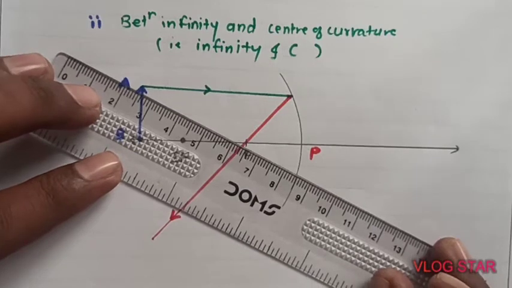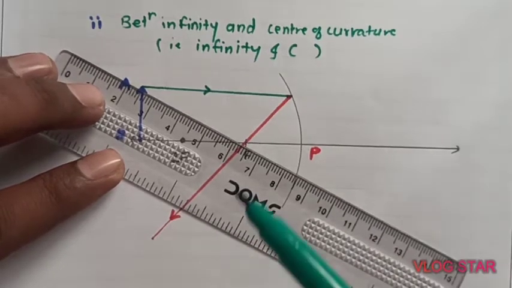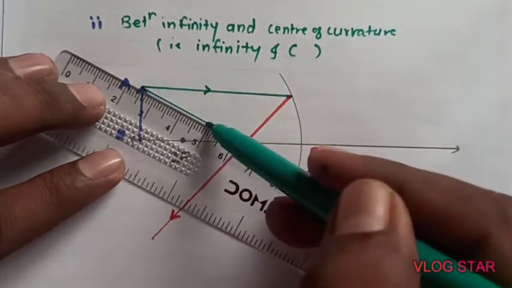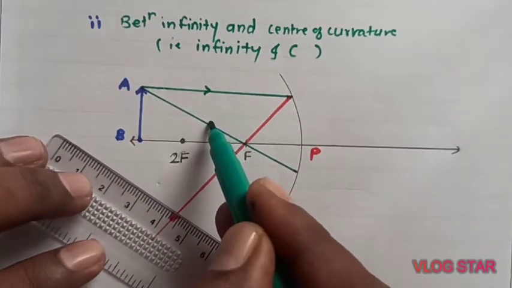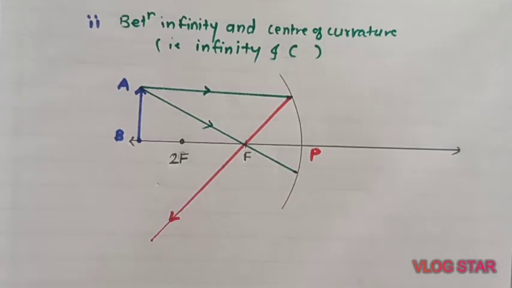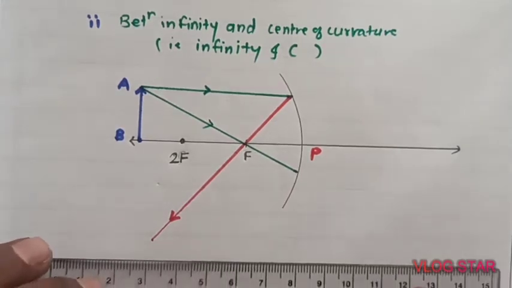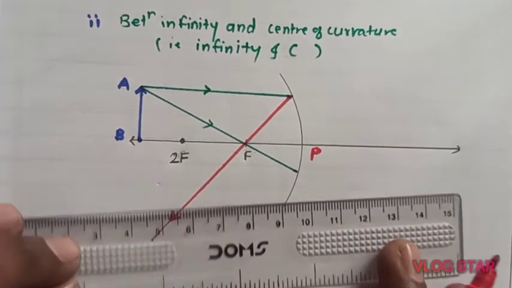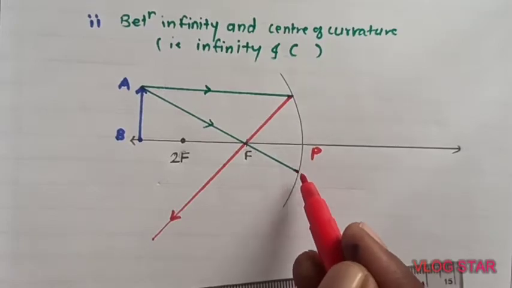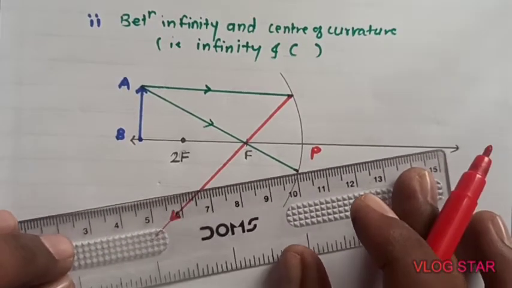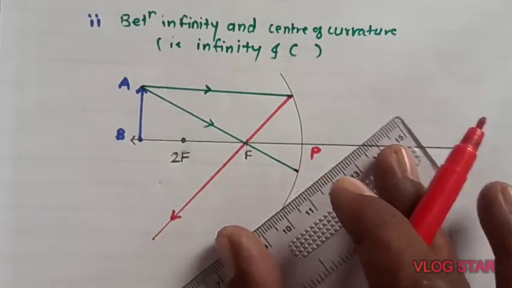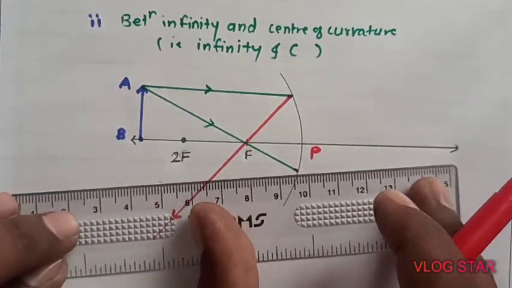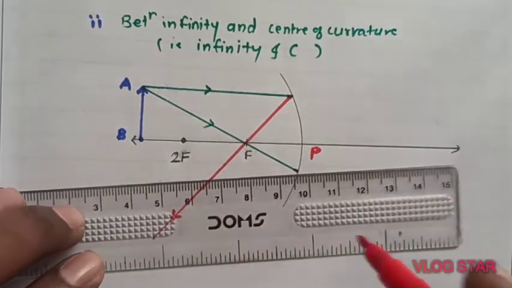I have selected the second incident ray passing through the focus. Now apply the rule. When the incident ray is passing through the focus, the reflected must be, so from this point the ray will reflect. So what will be the direction? It will reflect like this or like this. The rule says it should be parallel to the principal axis.